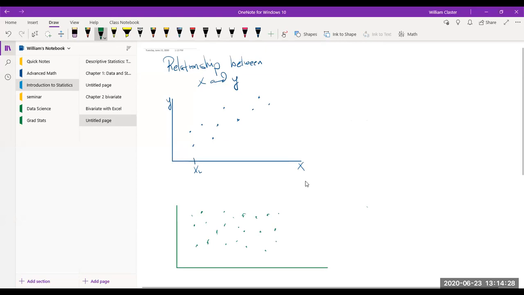So something like that. Here, if I know the value of X, like for example, if X is low, does that assist me in knowing what the value of Y is as compared to here? So what about in this picture, in the blue picture? If I know that X is low, what can I say about Y, if anything?